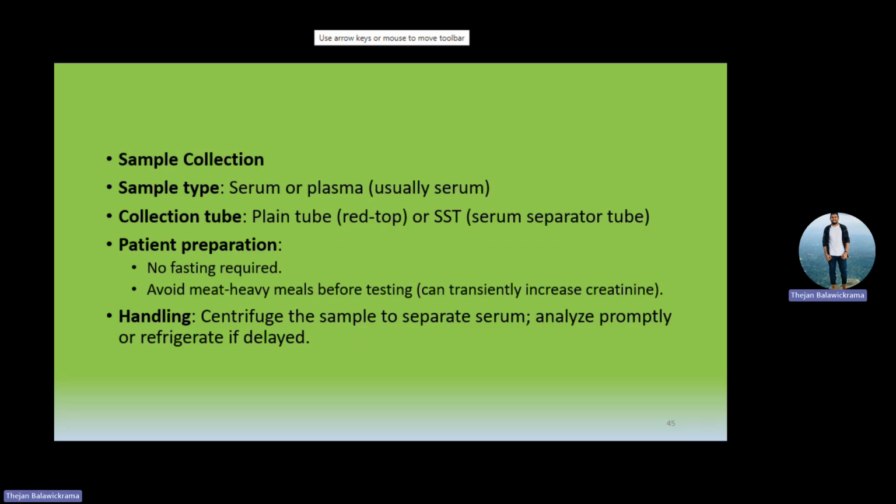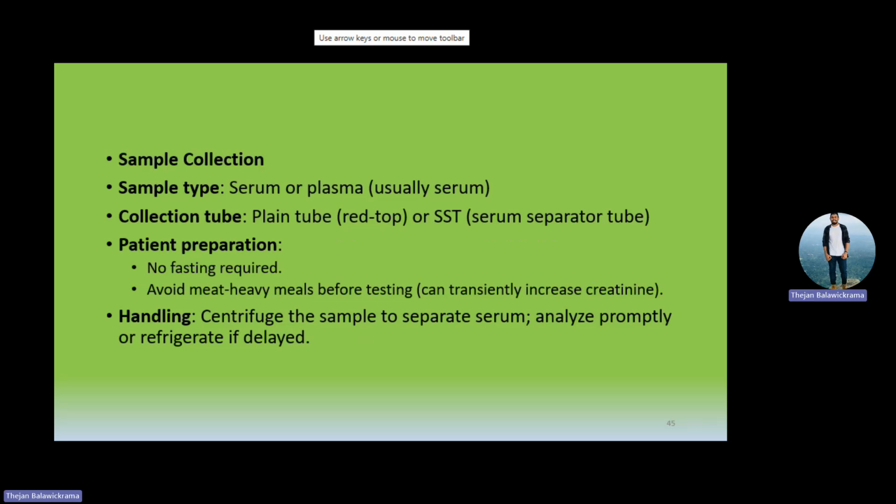You can eat, but not a high content of protein. Like before, we take the correct sample and centrifuge it, just like in the previous three samples.